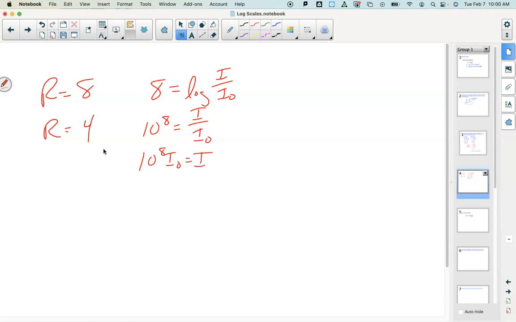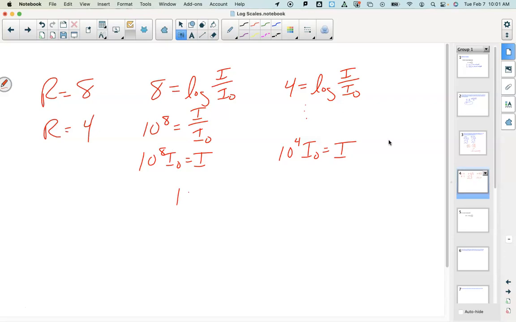There's the intensity for the Richter scale 8 earthquake. Are you guys okay with me skipping a few steps? That's the intensity of the 4 on the Richter scale. So how many times more intense is this one than that one?